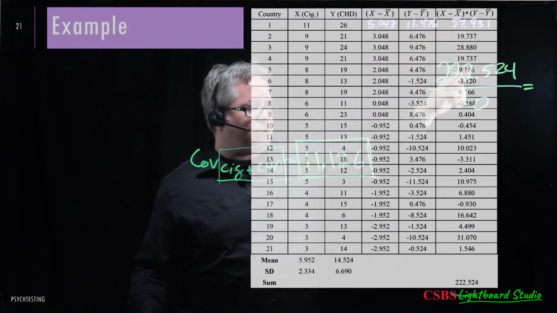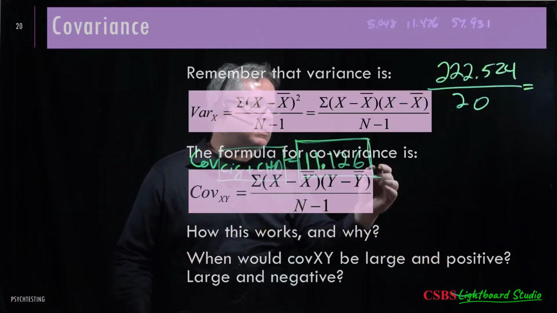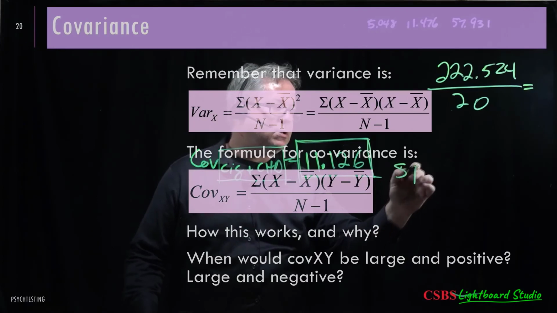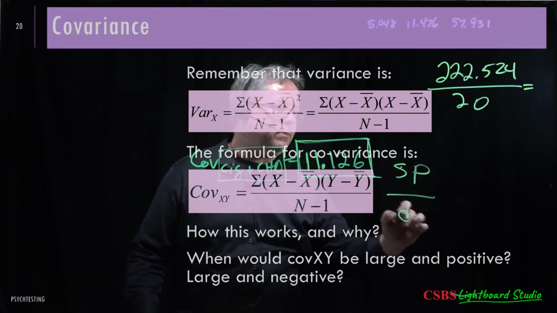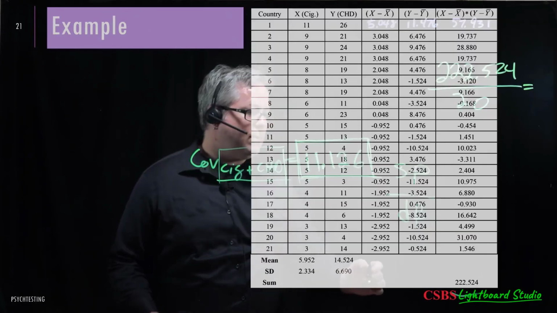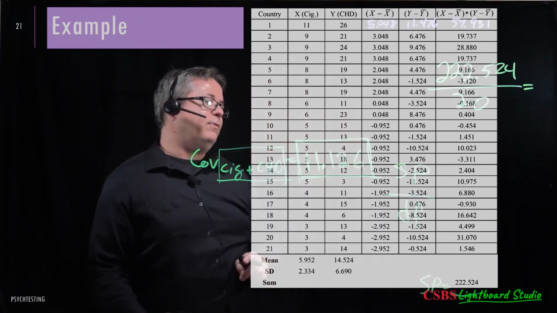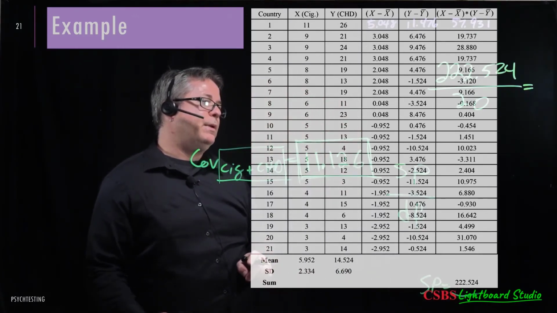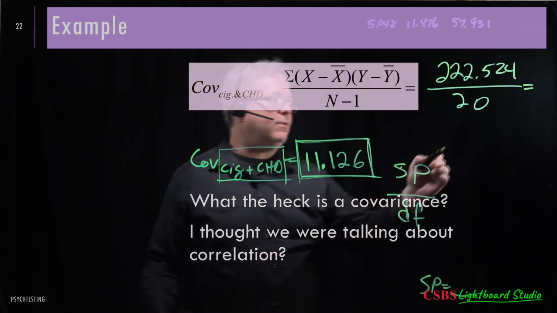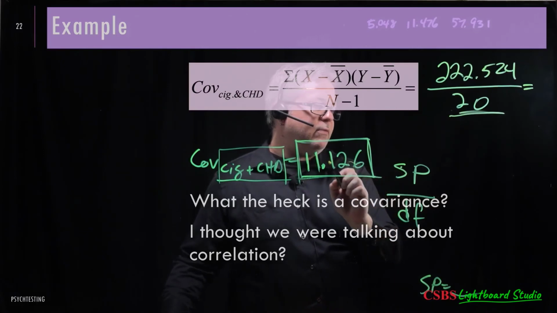The rest were done for us to get a sum of products, the top part of this equation, 222.524. Then we divided by degrees of freedom to get our covariance, 11.126.